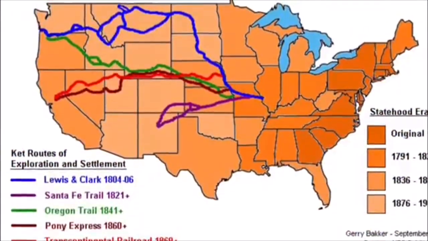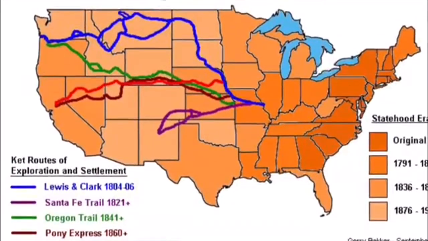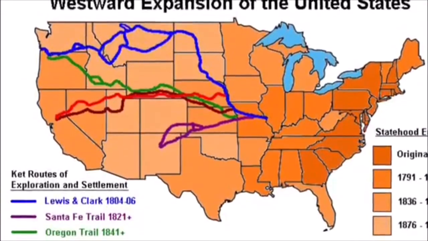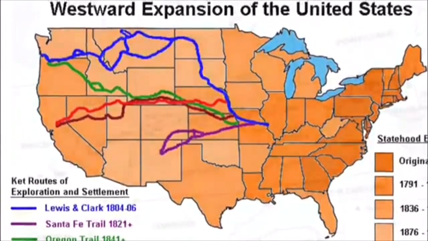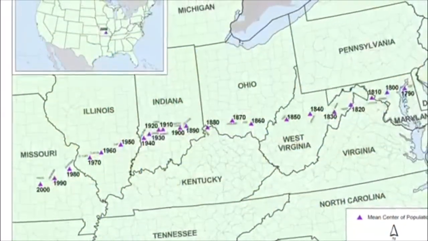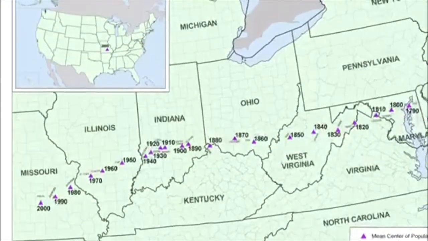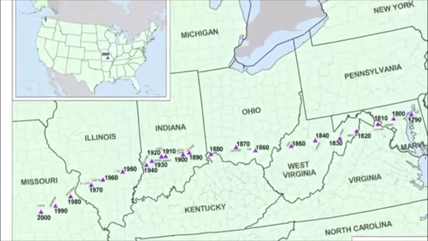Since the late 18th century, many United States citizens have moved west. The population center in 1790 was hugging the coast in Delaware, and now the population center is in southern Missouri.